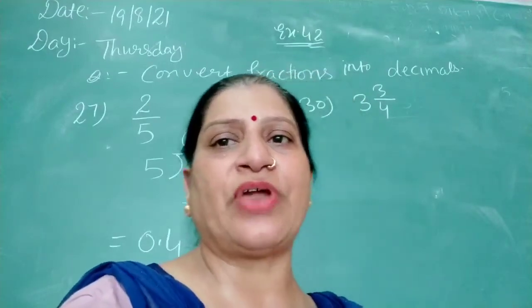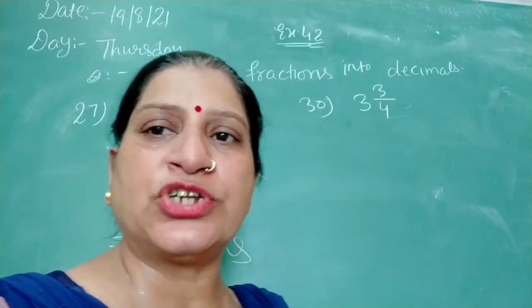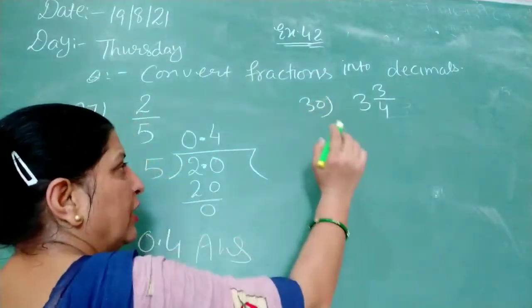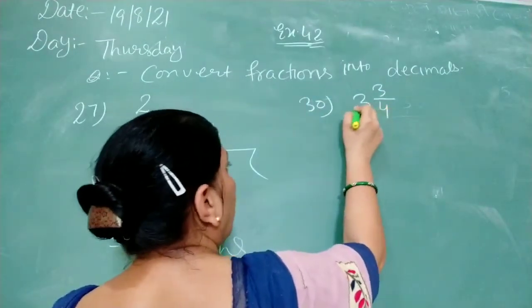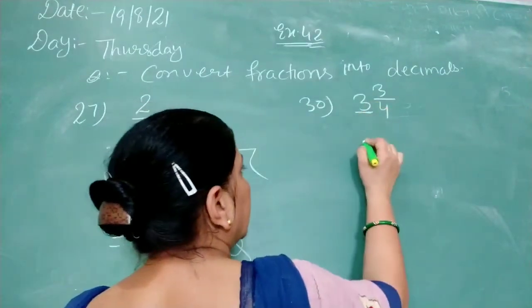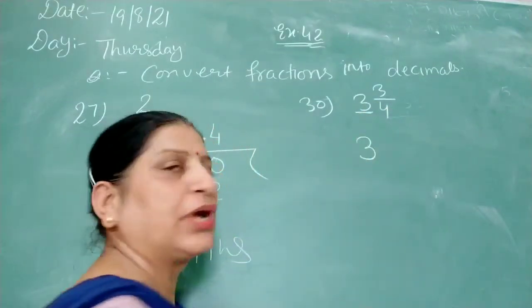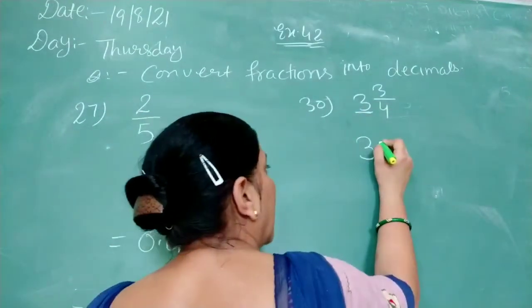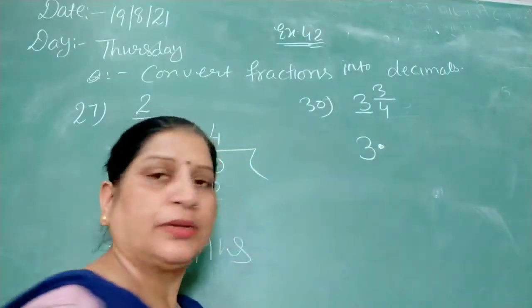Now in the next question, question number 30, this question is a mixed fraction. So in a mixed fraction question, how do we do it? Now let us learn. Here the whole part is 3. 3 whole part है तो आप 3 को as it is write down कर लीजिए और 3 के बाद आप decimal write down कीजिए.